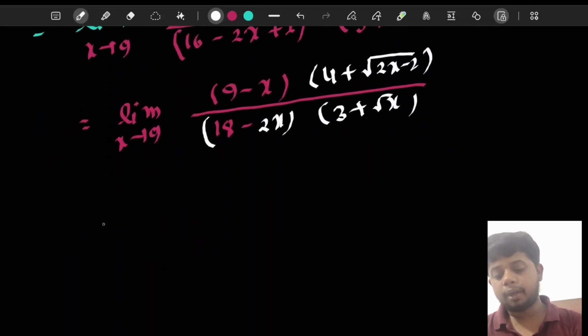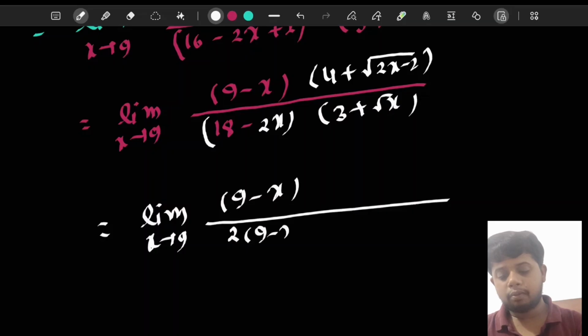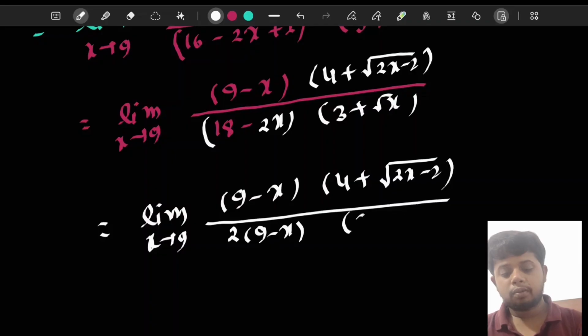Now let's take 2 common from the denominator. I'm getting 9 minus x, and 2 into 9 minus x, times 4 plus under root of 2x minus 2, by 3 plus root x.